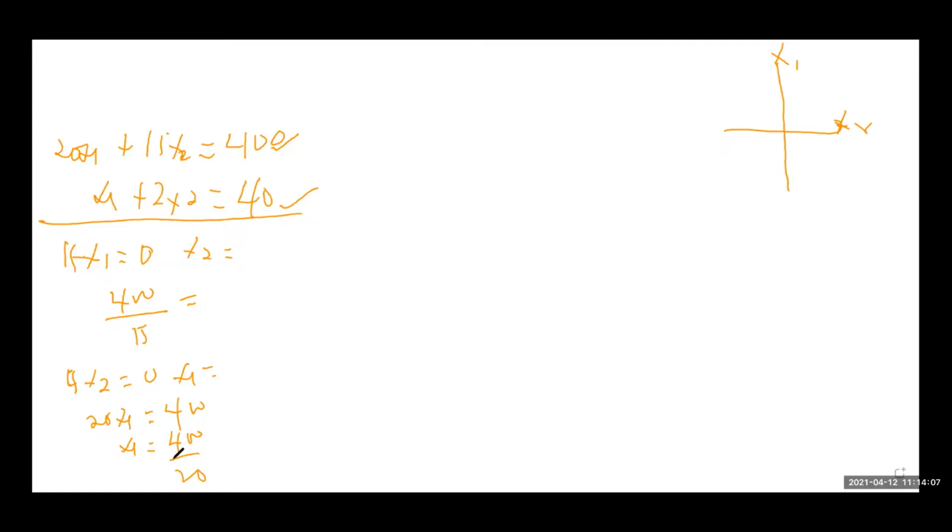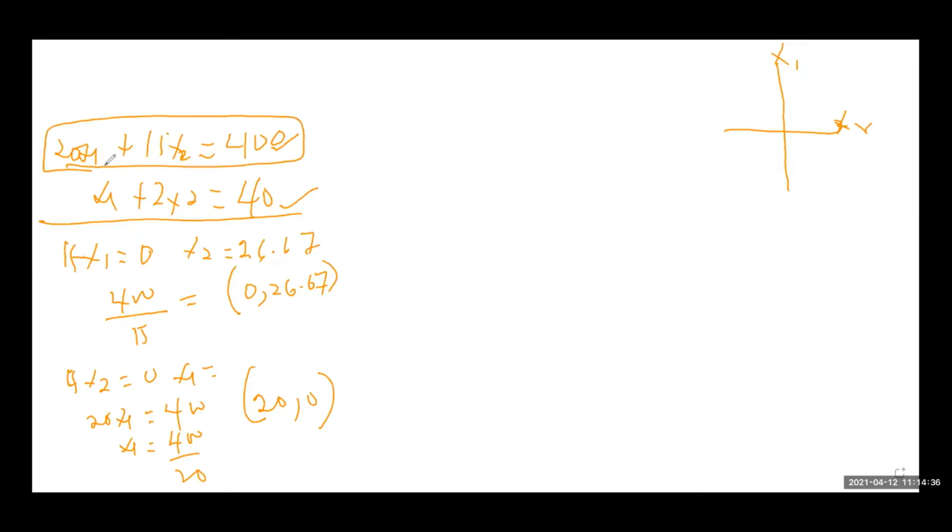So this is 26.67. So this coordinate says that 0 and 26.67. This one too says that if x2 is 0, this coordinate will give me 20 and 0. If I have this coordinate, I can now plot a straight line for this equation.